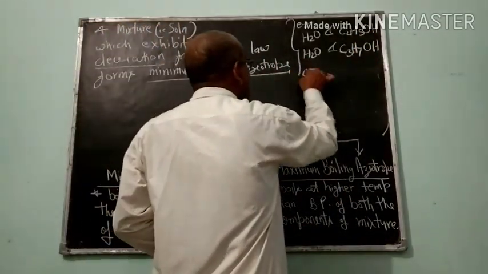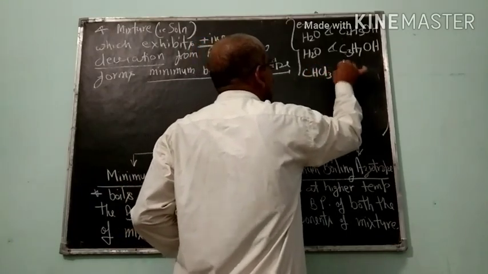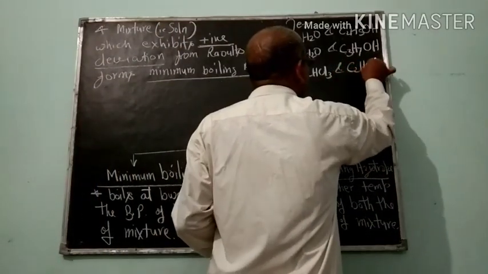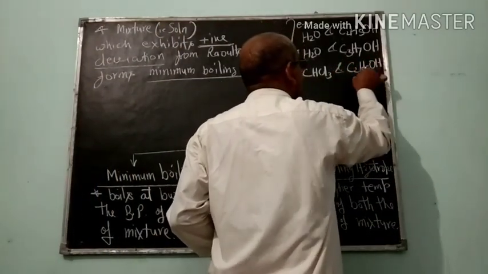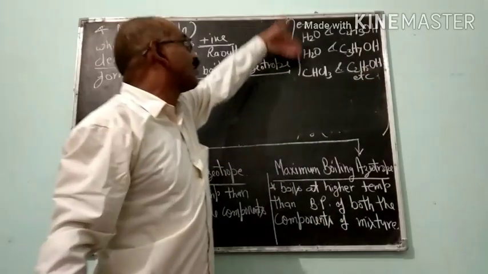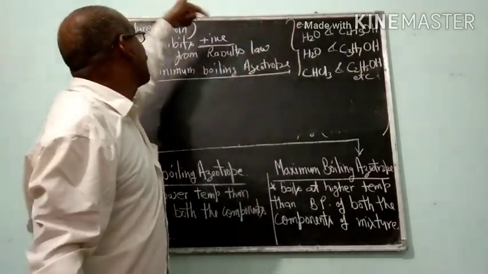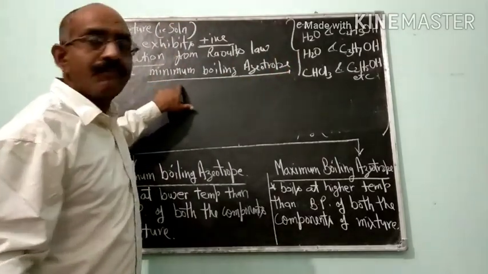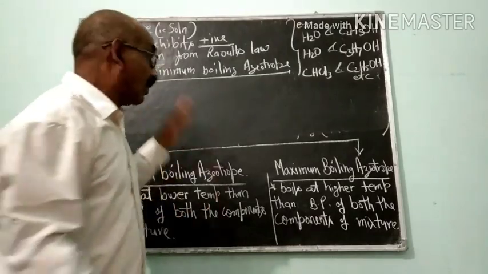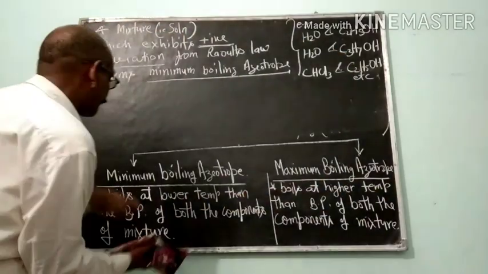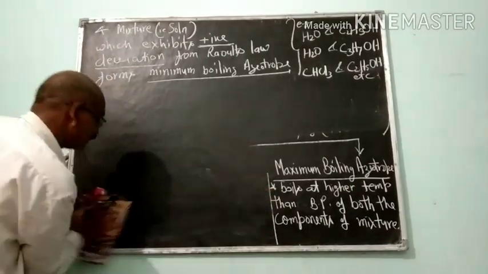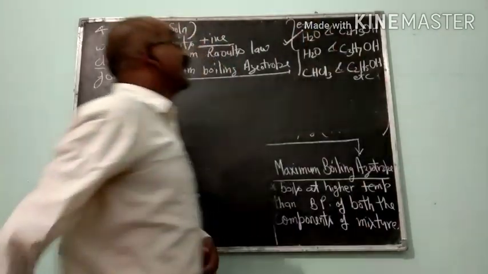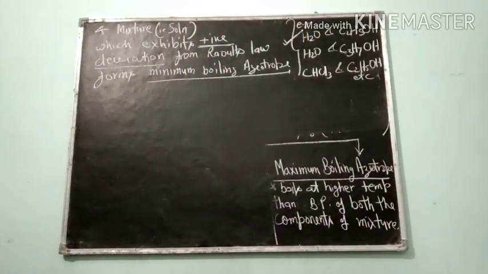One is CHCl3 and ethanol, C2H5OH, etc. So these are the examples of the solutions exhibiting positive deviation and therefore forming minimum boiling azeotrope. We'll explain it by taking an example of a mixture of water and ethanol.